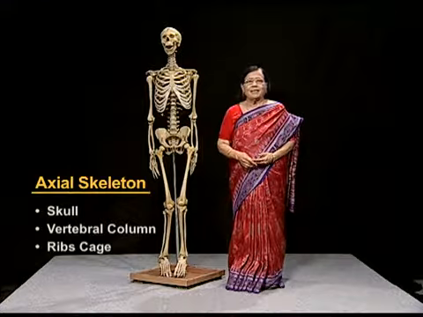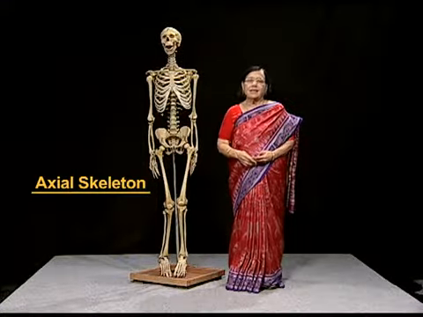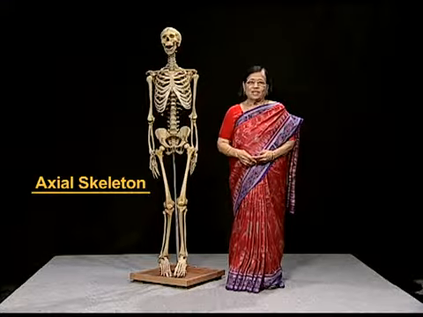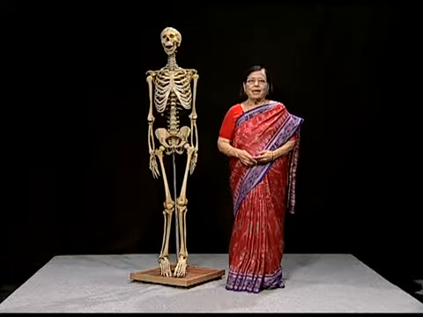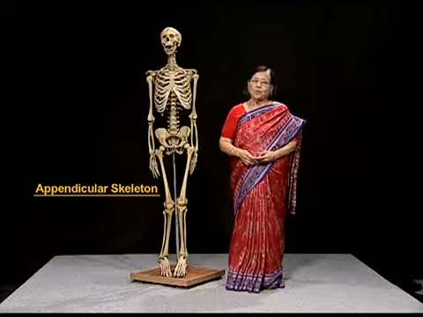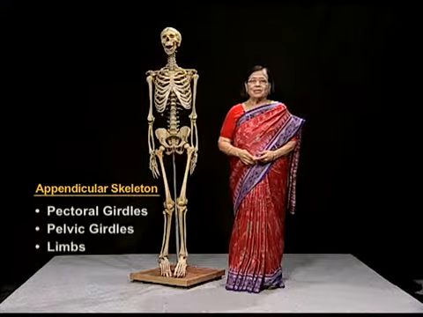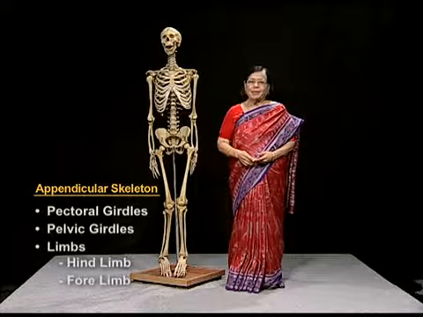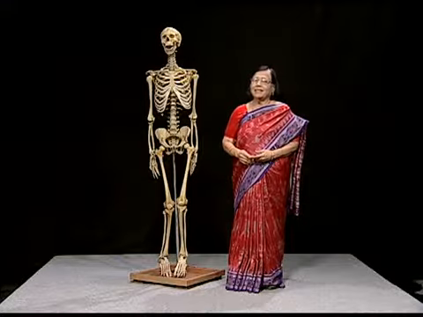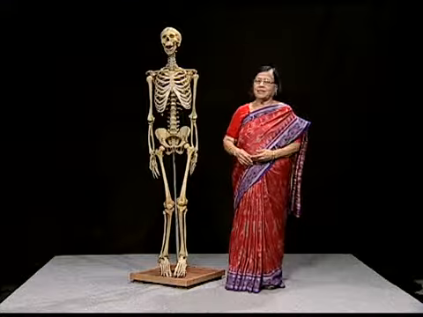As the name indicates, axial means axis. It makes the axis of the body, and that is our head, our chest and the vertebral column. The other division is the appendicular skeleton, which includes the pectoral girdle, pelvic girdle, limbs, hind limb and the forelimb. Let me start explaining the bones in this skeleton, starting with the head, which is part of the axial skeleton.